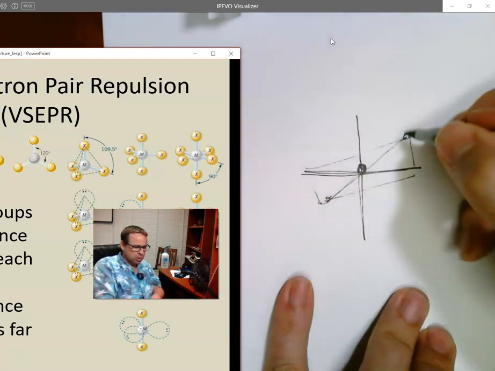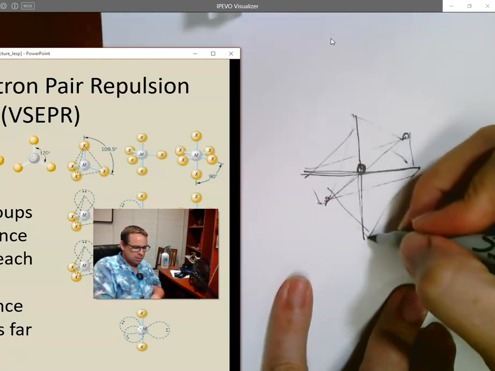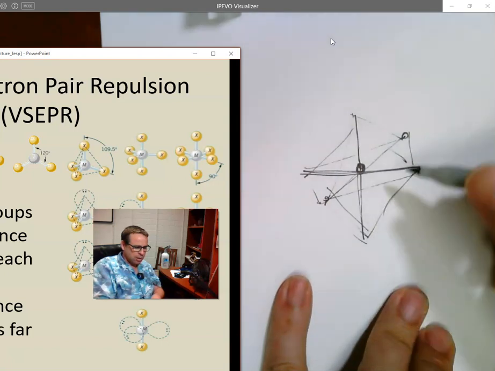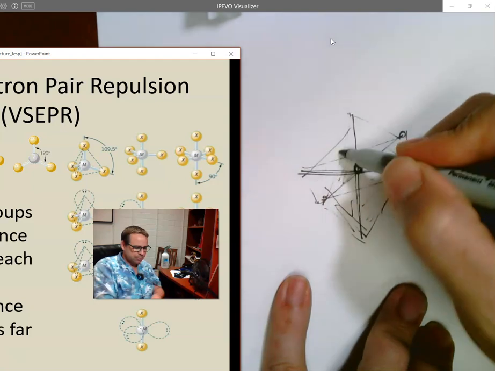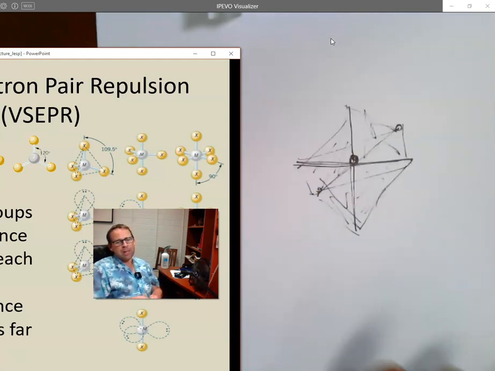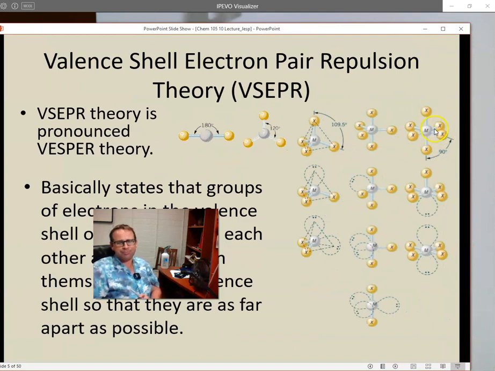If you look at this structure, if it was a die, it would have a total of 8 faces. So that's where our octa in octahedral comes from.